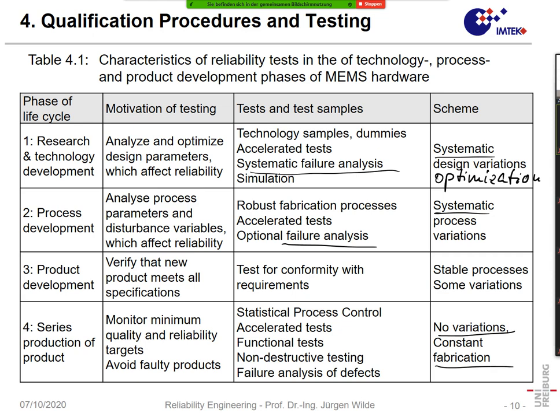You want to have a constant fabrication, both with respect to the parameters you use for the prefabrication and also for the output quality level which your product must meet.